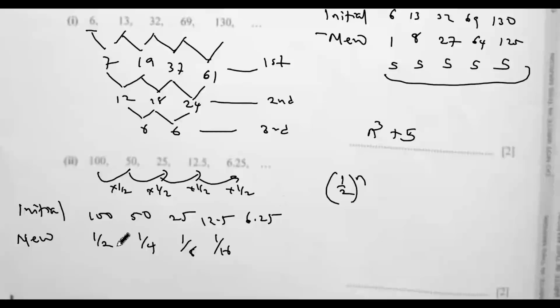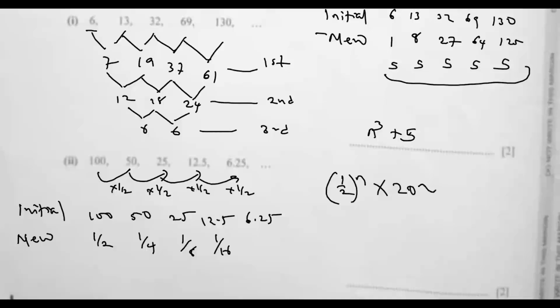If you look at my new sequence, you see that it does not give me the initial sequence. What will I multiply by each of the terms in the new sequence to get each of the terms in the initial sequence? Of course, I have to multiply this 1 over 2 to the power of n by 200.